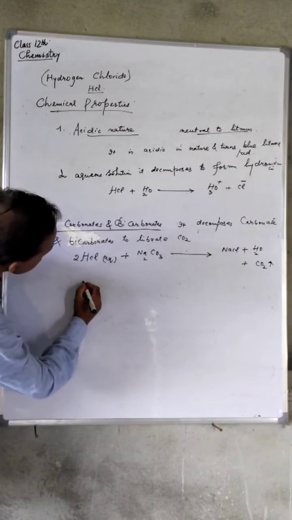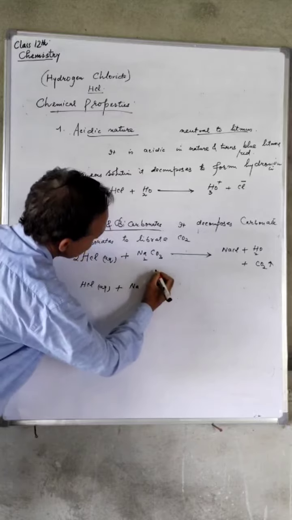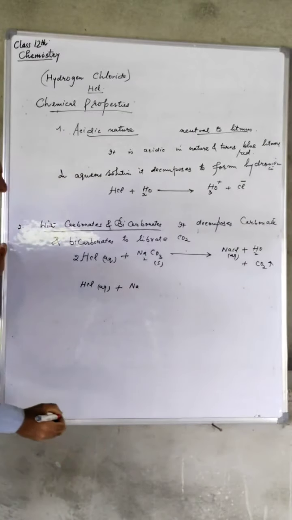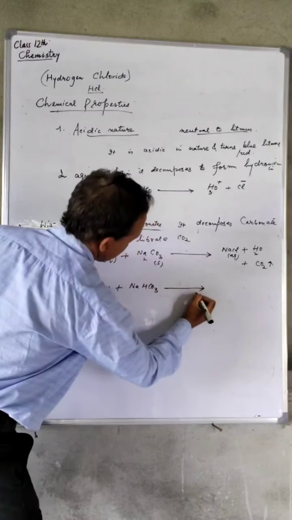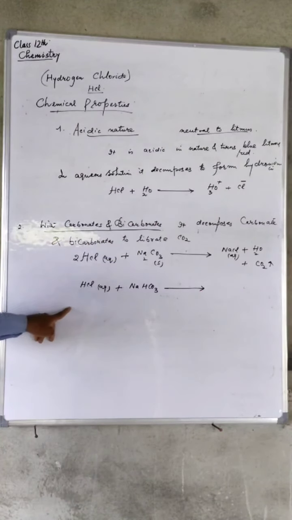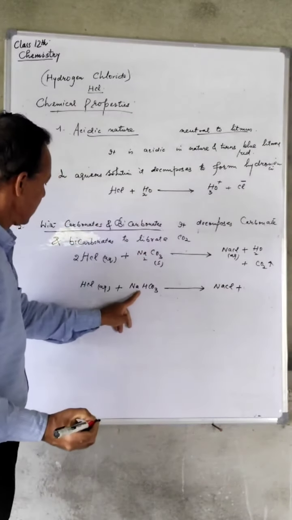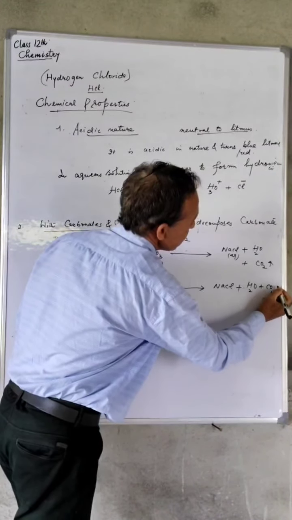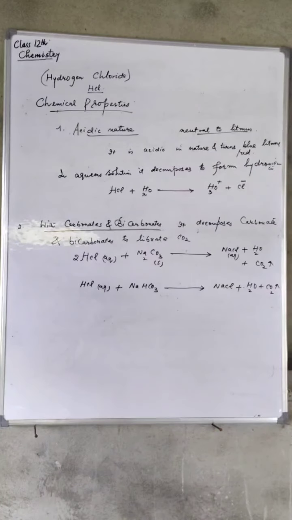Similarly, if we take the bicarbonate, HCl aqueous solution with solid sodium bicarbonate NaHCO3, it forms NaCl plus H2O plus carbon dioxide. So with both carbonates and bicarbonates, it liberates carbon dioxide.